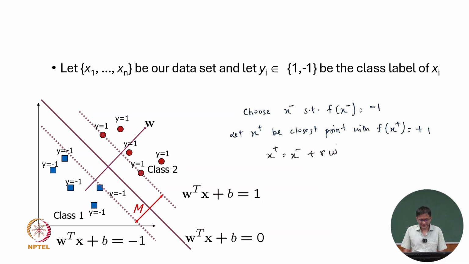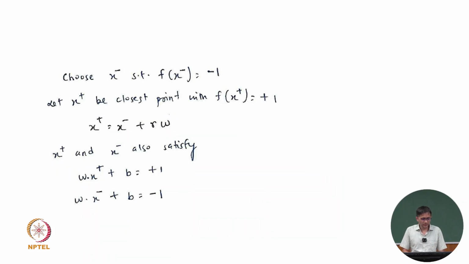Now with this, we wrote x plus is equal to x minus plus RW, and we also know from the equations of those two lines that W dot x plus, plus B, instead of WTX format I am just writing it in dot product format, is equal to +1. At the same time, on the other margin line, this is equal to -1.